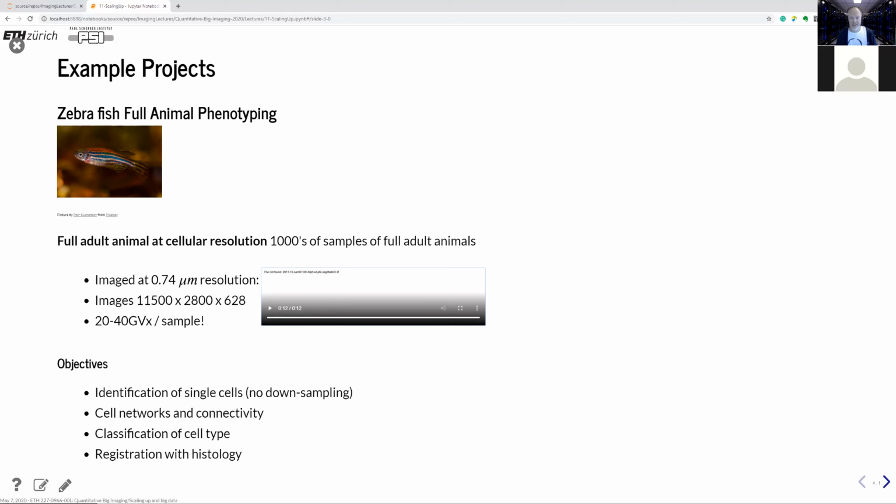Just think about if you want to apply a filter on this. You usually work in floating point data, so you need to convert the whole data set into floating point, which multiplies the data size by a factor of 4, because you need at least 4 bytes to represent a floating point number. So it's a really huge amount of data.